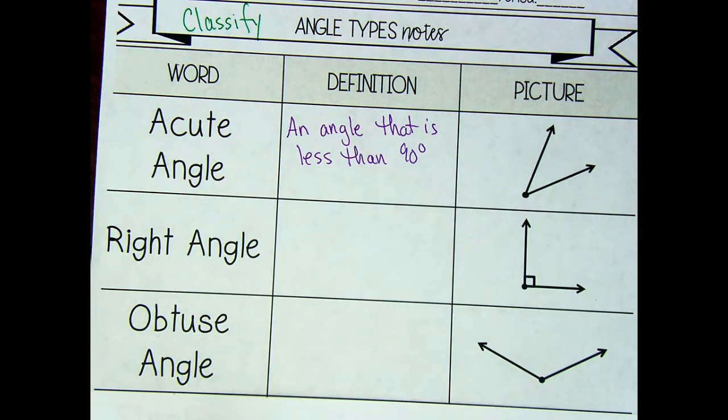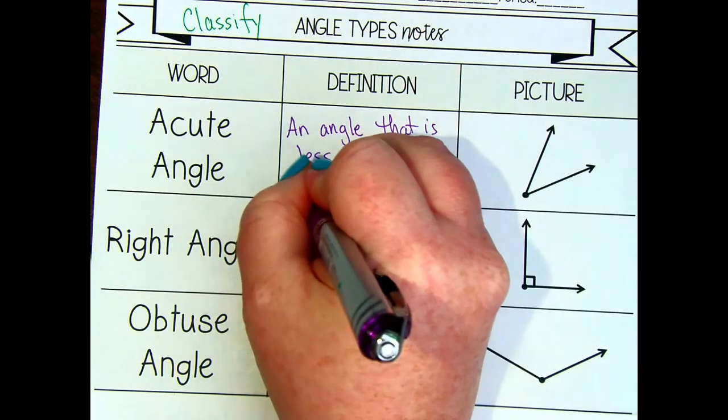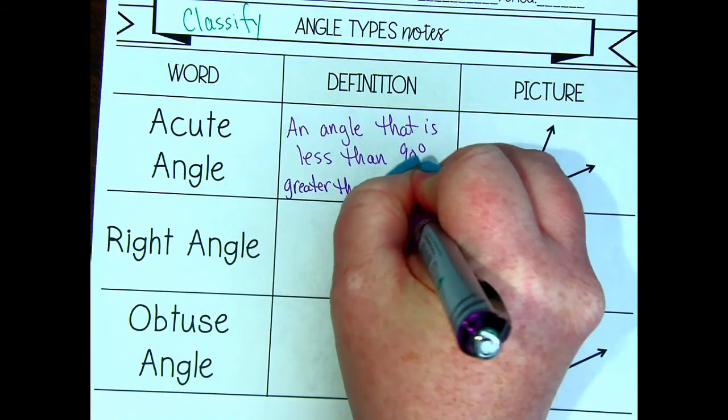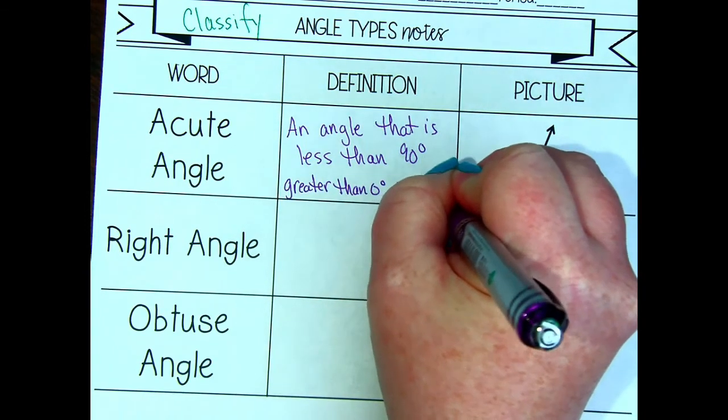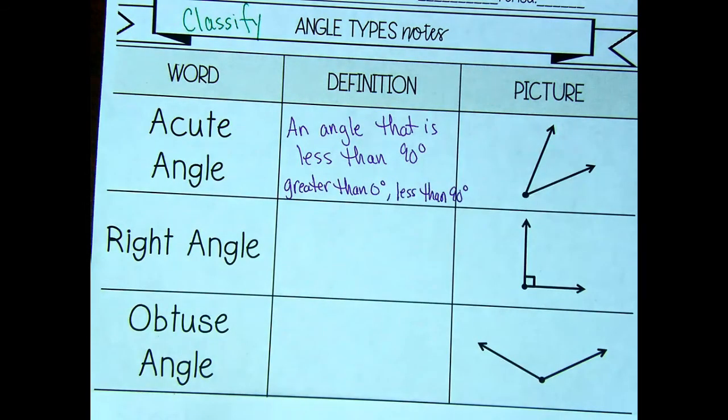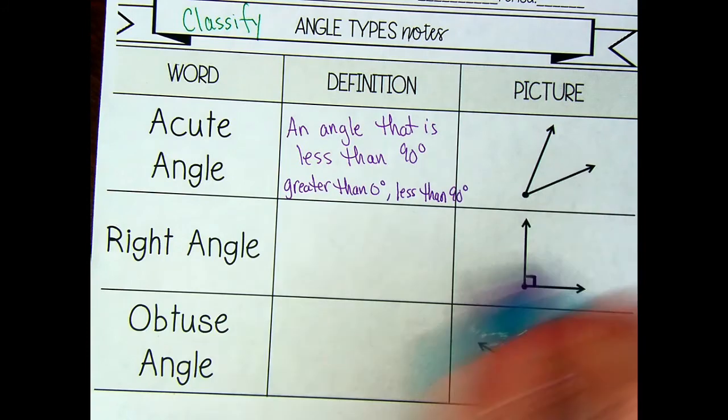Sometimes you will see it written as an angle that is greater than 0 and less than 90. A right angle will most of the time have that little right angle marker there.